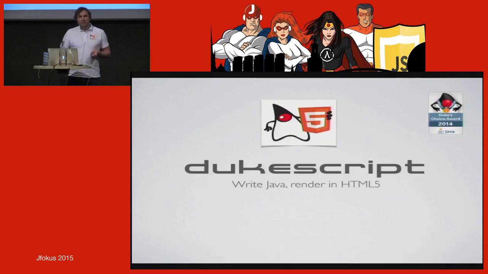And that's why we created Dukescript, because we said we want to run Java on these machines and create a unified UI toolkit that can run on all devices on desktop, that can run on Android phones, and that can run on an iPad or an iPhone.